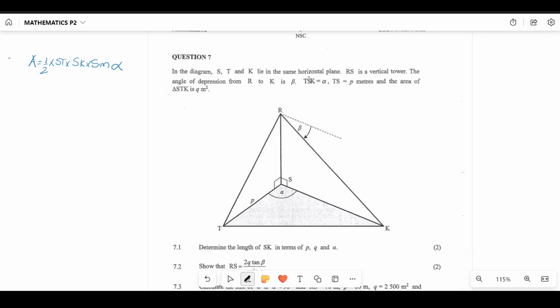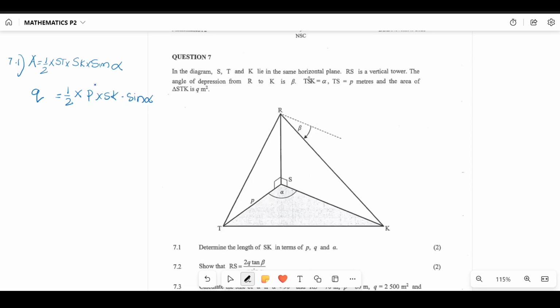That's what we are going to use for 7.1. Area is already available, which is Q, equal to half times ST, which is P, times SK, which we don't know, times sine alpha.